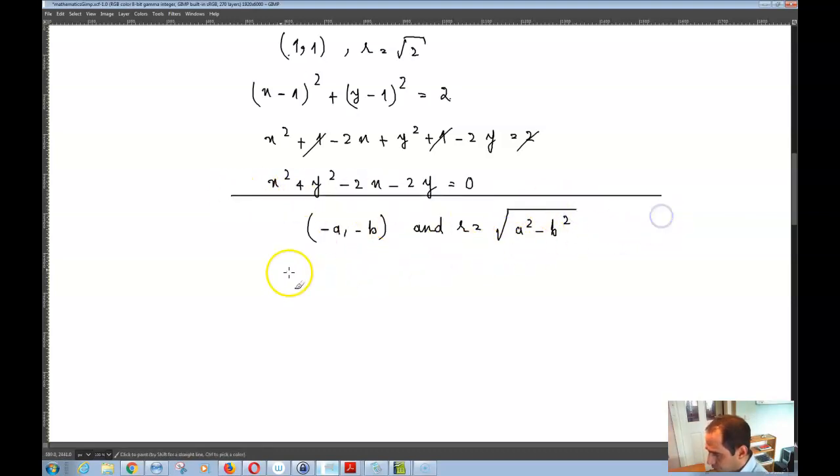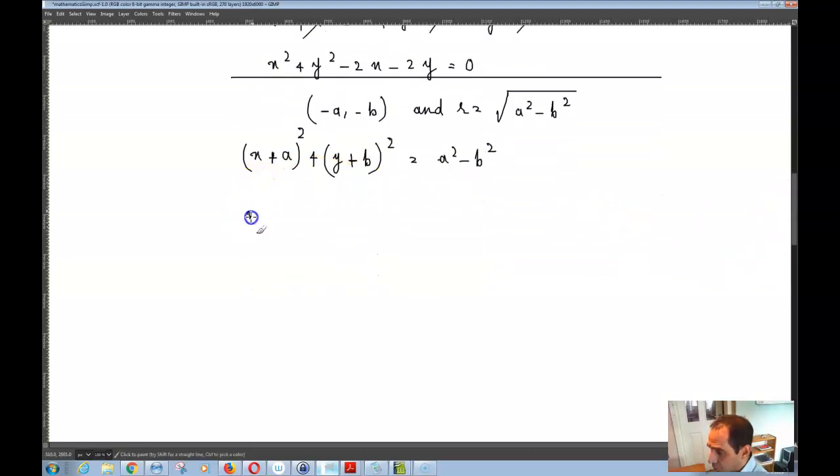So then you have x minus h, which is x plus a whole squared, plus y plus b whole squared, is equal to r squared, which is basically a squared minus b squared. Now this is x squared plus a squared plus 2 times ax plus y squared plus b squared plus 2 times by is equal to a squared minus b squared.